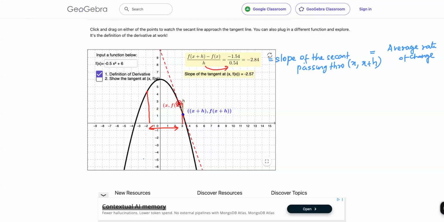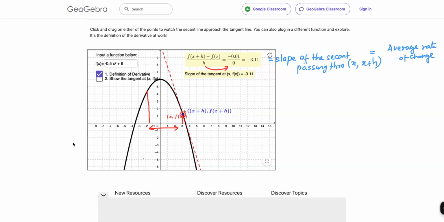So when I keep pushing it, you see what happens? The secant line cannot become a point. So the distance h, I'm trying to limit h to 0.